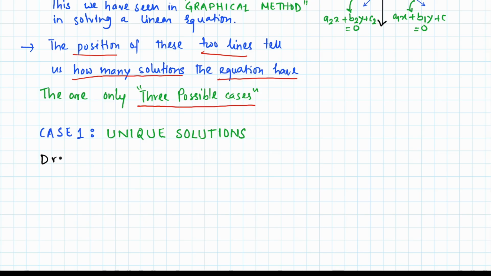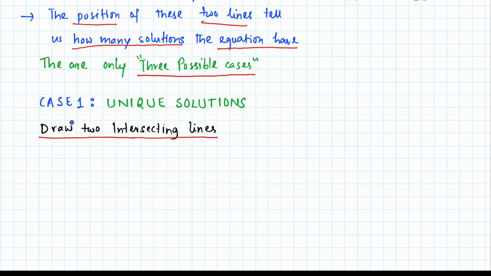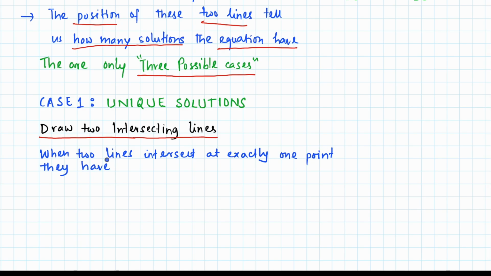If we draw two intersecting lines, that is, whatever equations are given, if we represent them and they give intersecting lines, then what will happen? When the two lines intersect at exactly one point, they have one common point.